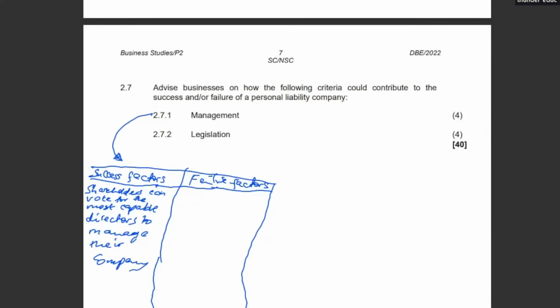Okay, right. So now the failure can be that some of the shareholders may not exercise their voting rights, resulting in choosing the wrong person as a director.